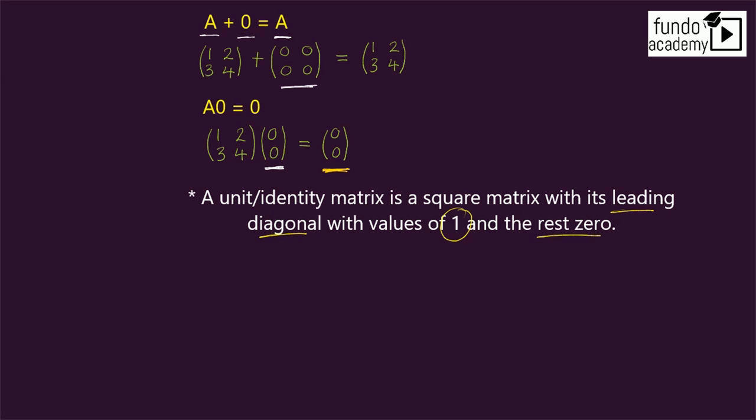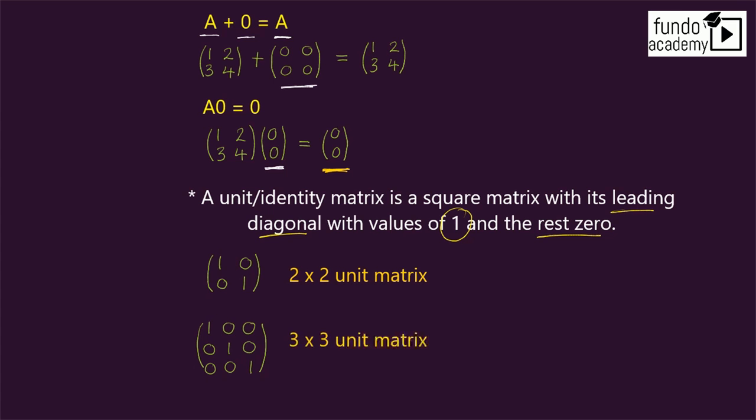Let me give you an example of a unit matrix. The matrix 1 0 0 1 is a 2 by 2 unit matrix. This 3 by 3 matrix 1 0 0 0 1 0 0 0 1 is a 3 by 3 unit matrix, right?